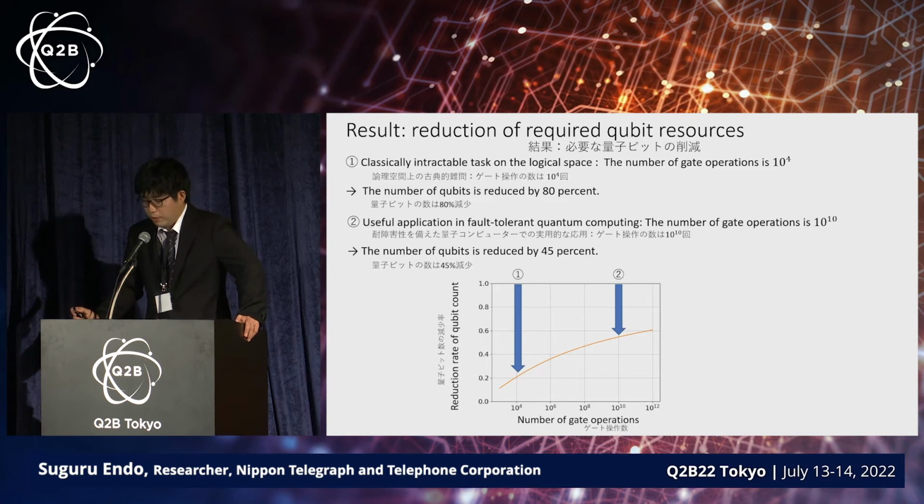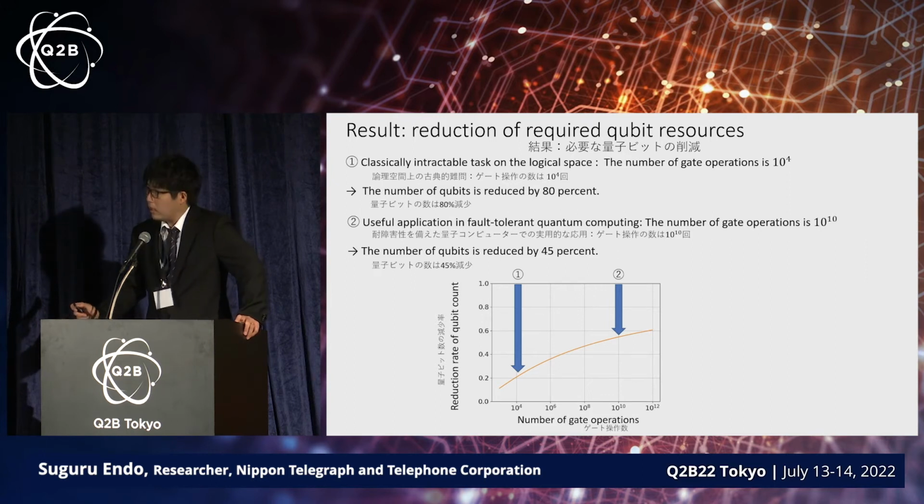We mainly benchmark the performance in two regimes, like the classically intractable regime, for performing some classically intractable task on a quantum computer. We expect that someday we can realize quantum supremacy also on the logical space when we use quantum error correction. In that era, the number of gate operations should be like 10 to the 4.